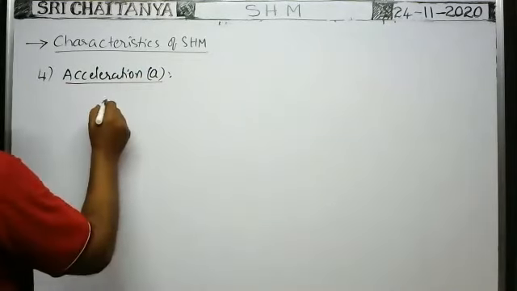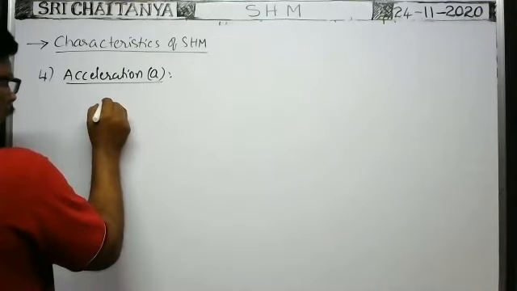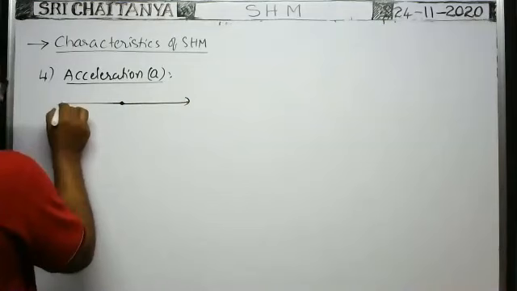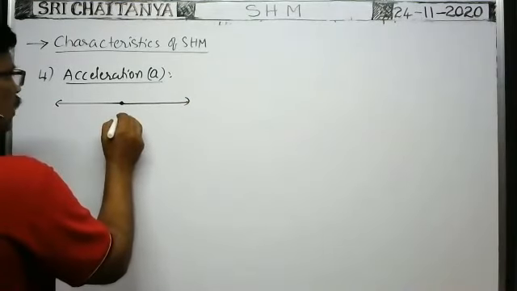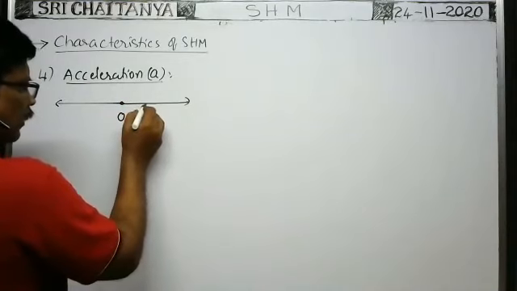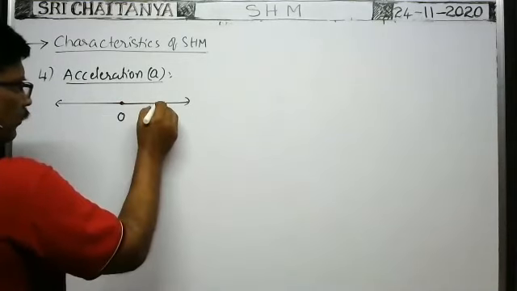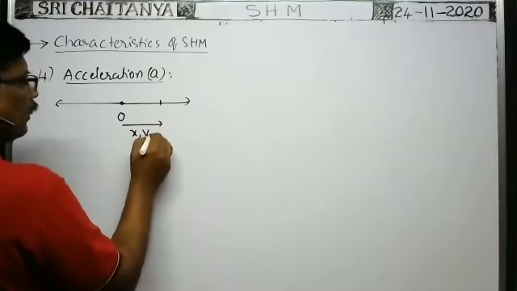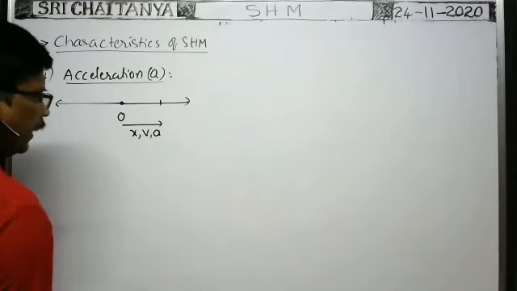Motion of the particle in SHM is considered from mean position. After t seconds, it has crossed the mean position. When it lies at this point, its displacement is x, velocity is v, and acceleration of the particle is a.